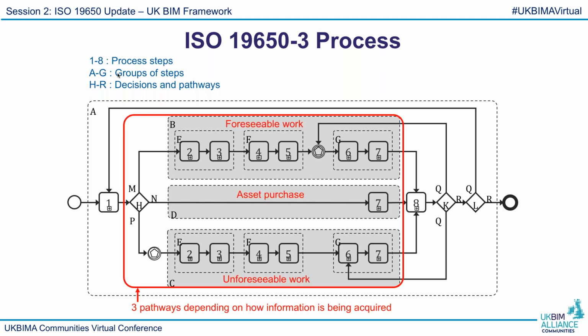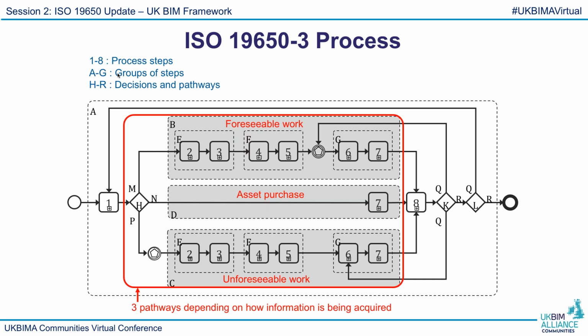And the reason for that is that the approach to managing information when you are in operational asset use and maintenance is dependent on the manner in which the information is being acquired.